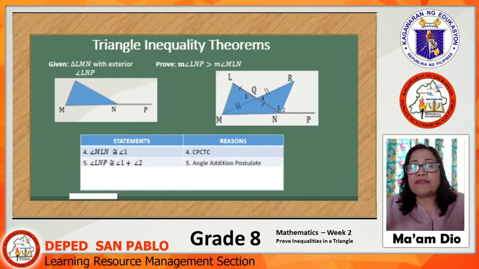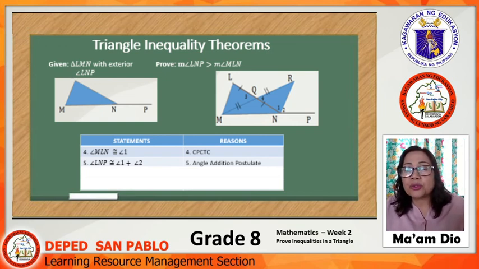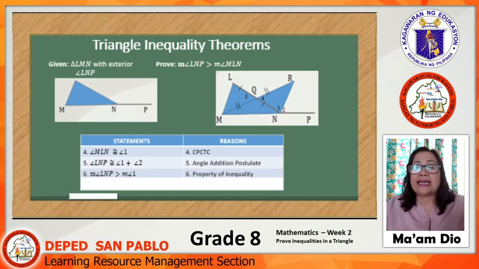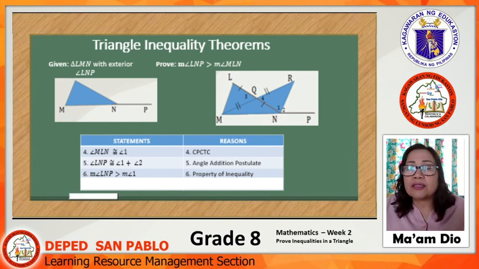Let's proceed to number 5. We will have now angle LNP equal to angle 1 plus angle 2. This is by the angle addition postulate. The next statement states that the measure of angle LNP is greater than the measure of angle 1, because angle LNP is the sum, and its addends, or its remote interior angles, are angles 1 and 2.